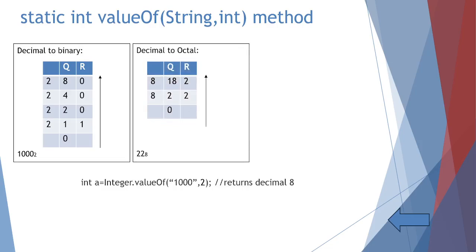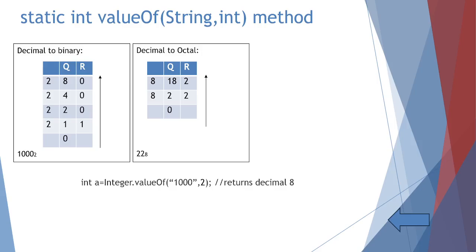Similarly, decimal to octal. Let's assume 18 is a number and we want to convert it into octal. Octal means 8 digits, where we divide by 8. 8 2s are 16, quotient is 2, remainder is 2. 8 zeros are 0, remainder is 2.